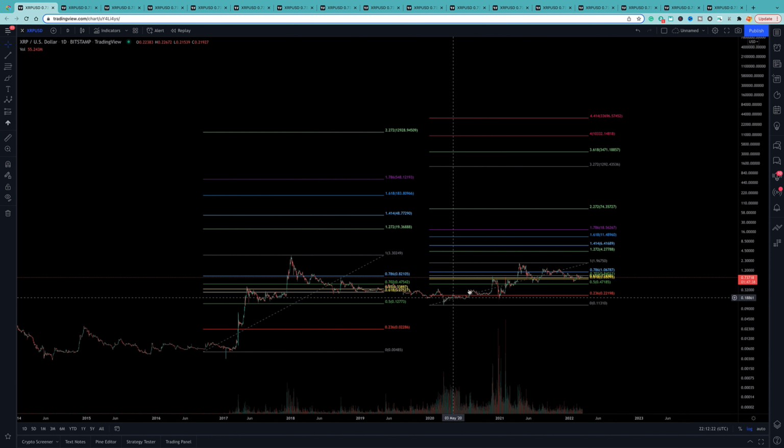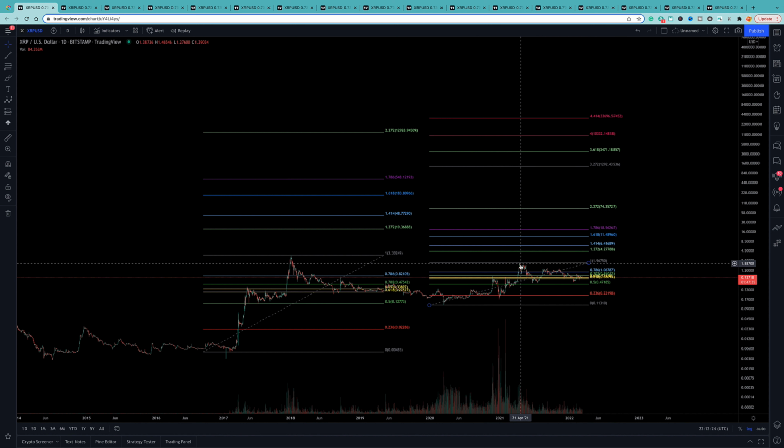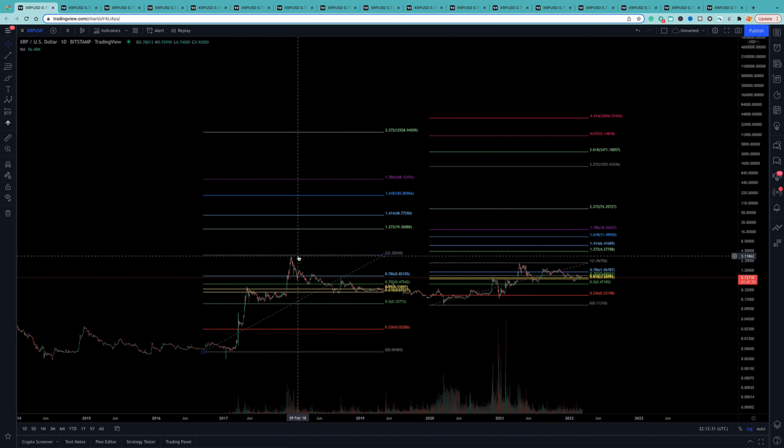So now, on this bull run, in the top 10 coins, XRP is the only one that hasn't broken its all-time high. Now we can say it's because of the SEC case, and it's not because of that. The SEC case is just part of the reason why. It's more to do with the positioning of the financial markets and literally the SWIFT system.